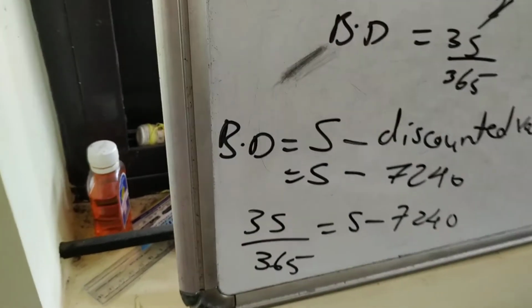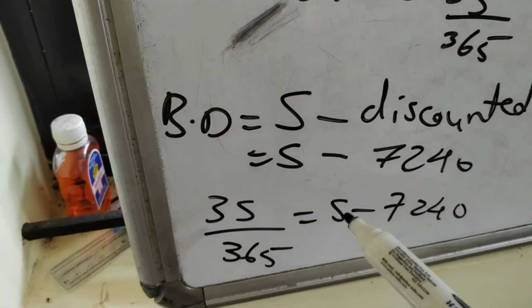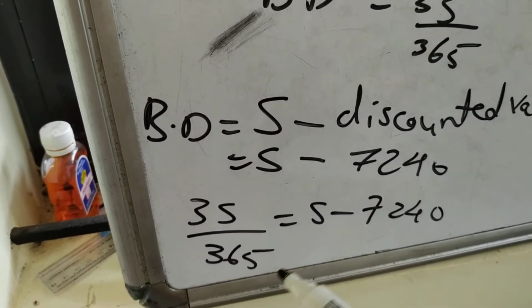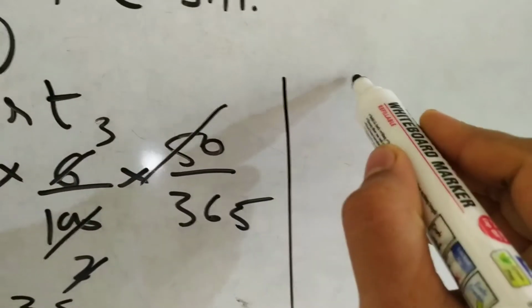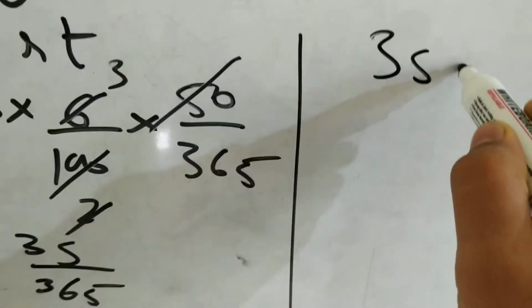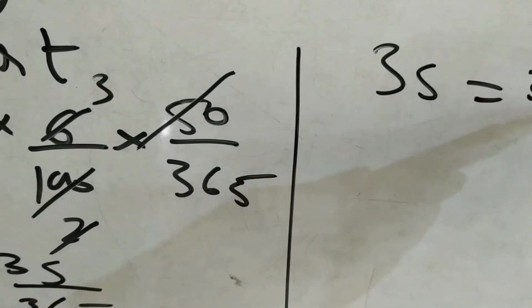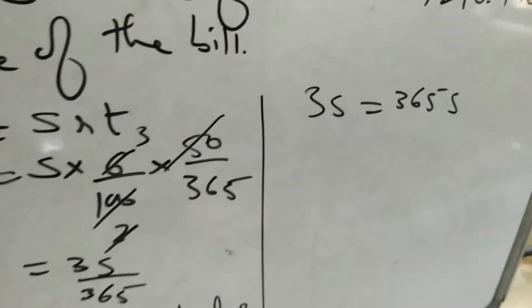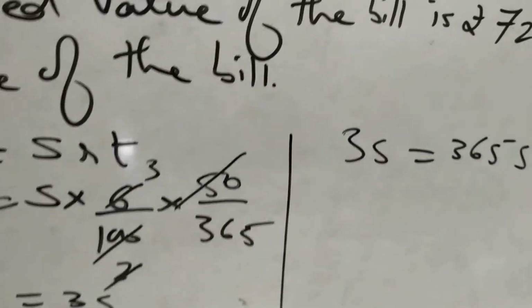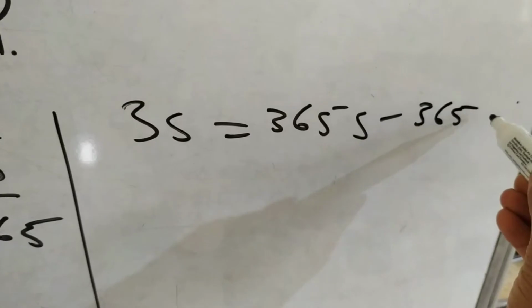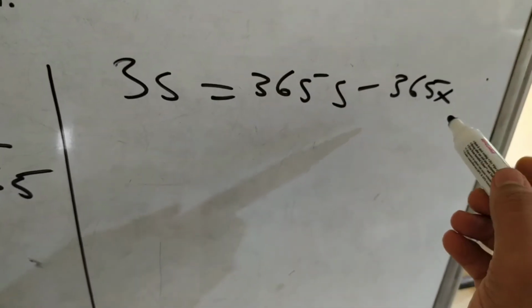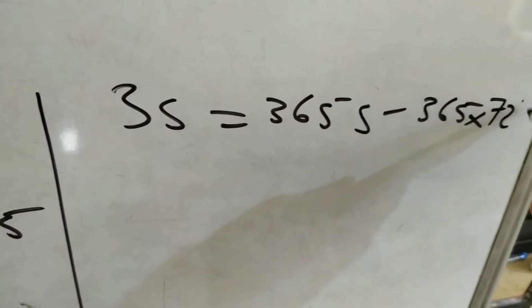So let us cross multiply this, 365 into S minus 365 into 7240. So therefore we get 3S is equals to 365S minus 365 into 7240.